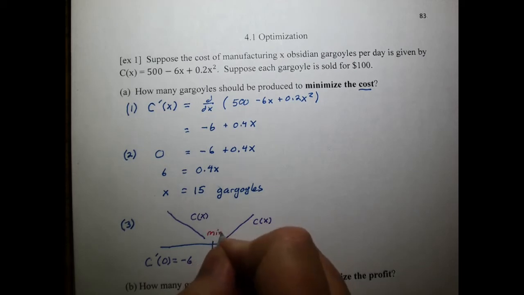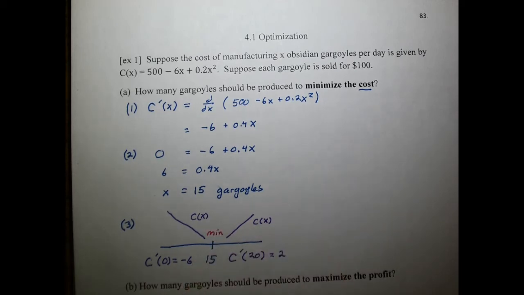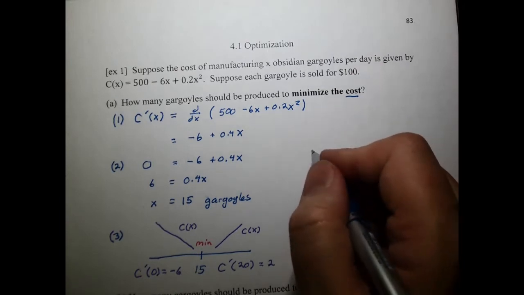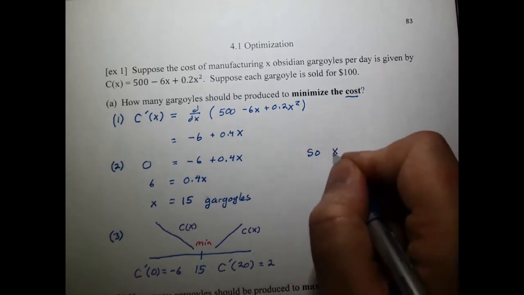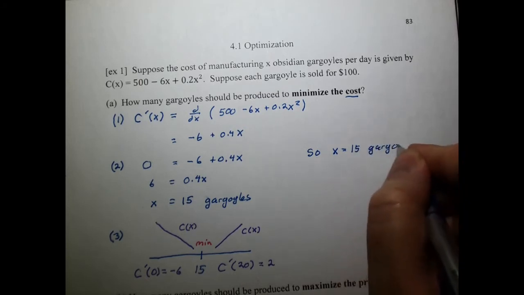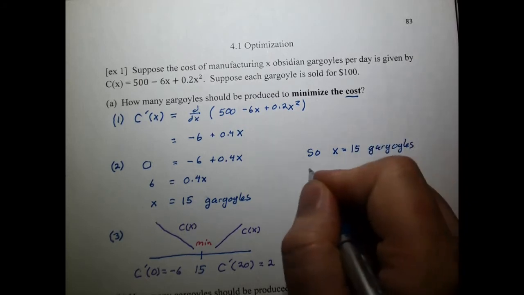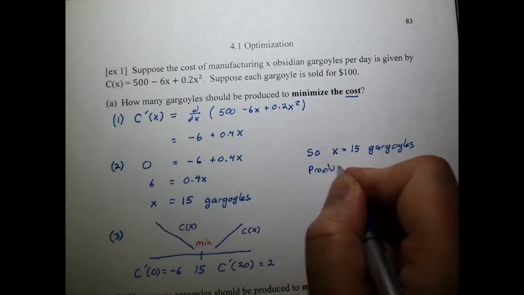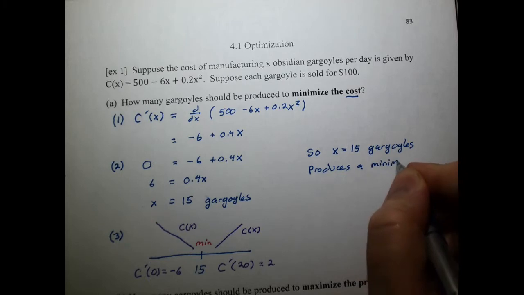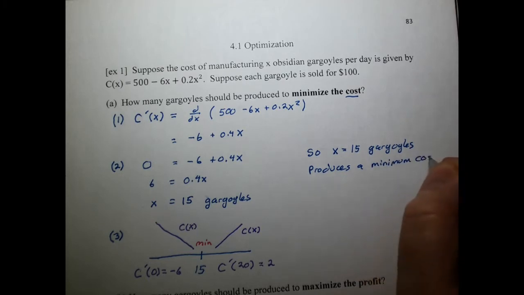So we have a minimum here at 15. So x equals 15 gargoyles produces a minimum cost.